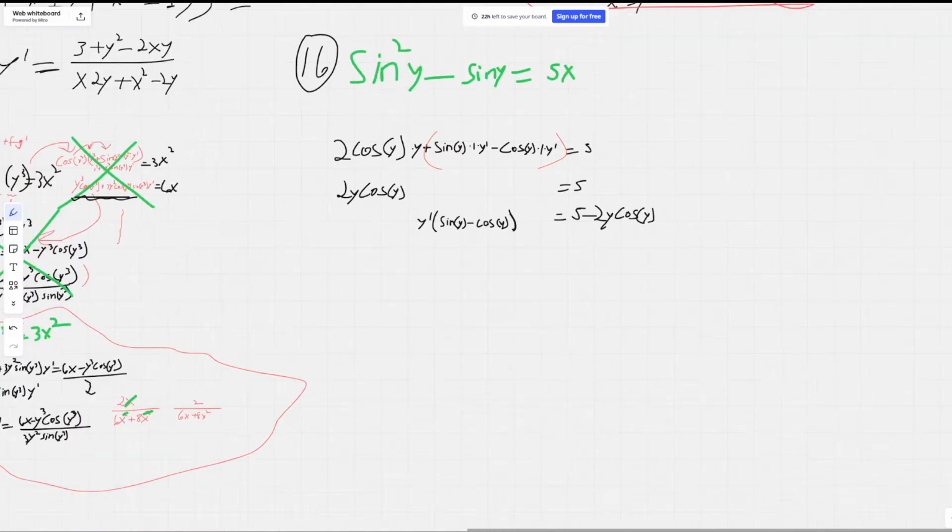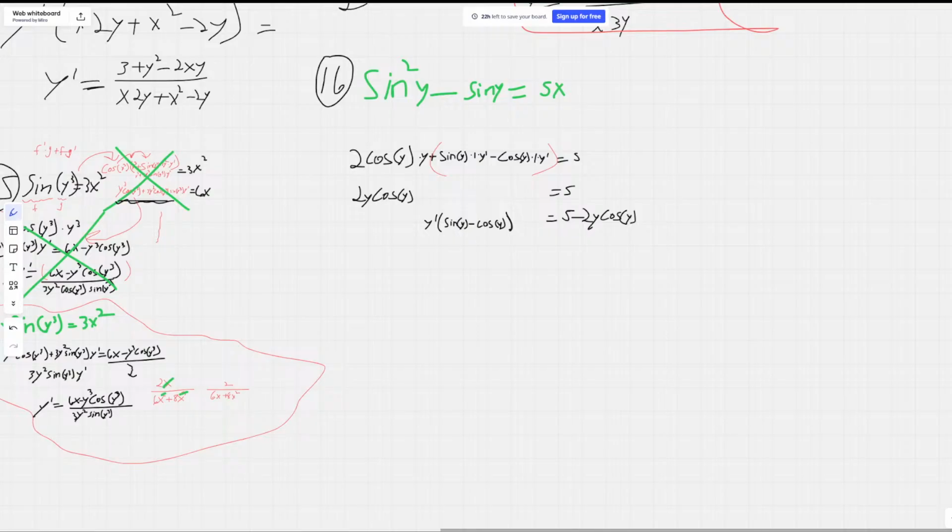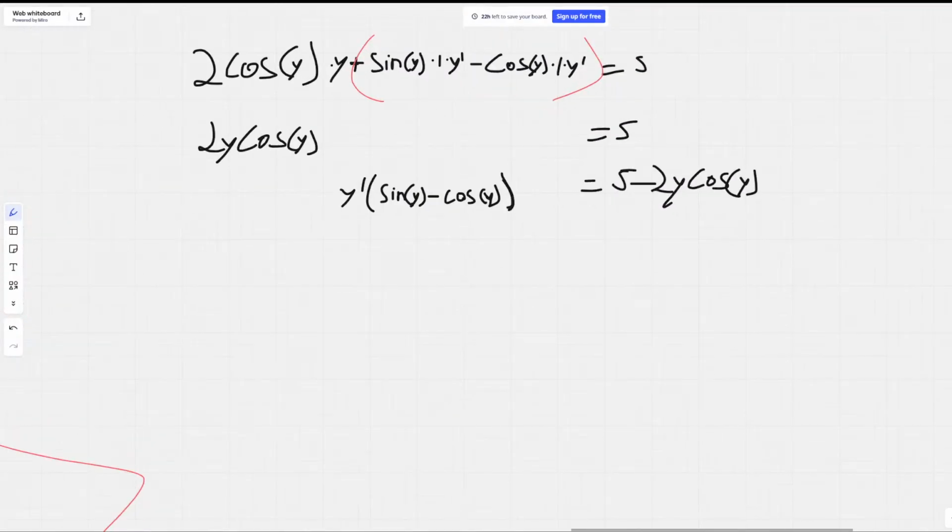Where was I? 16? Was I done with 16? I look like I'm almost done with 16.